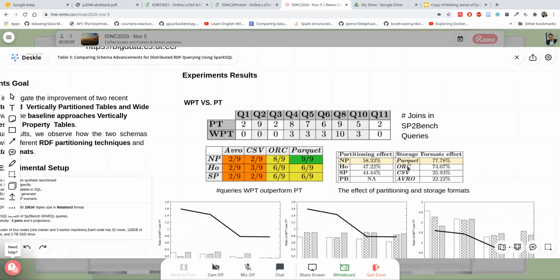For instance, table 3 shows that WPT outperforms PT in only 58% of the experiments when baseline HDFS partitioning is used across different storage formats, while it outperforms in only around 78% of the experiments using Parquet alongside different partitioning techniques. This clearly shows the trade-offs among partitioning techniques, file formats, and relational schemata in the WPT versus PT experiments.